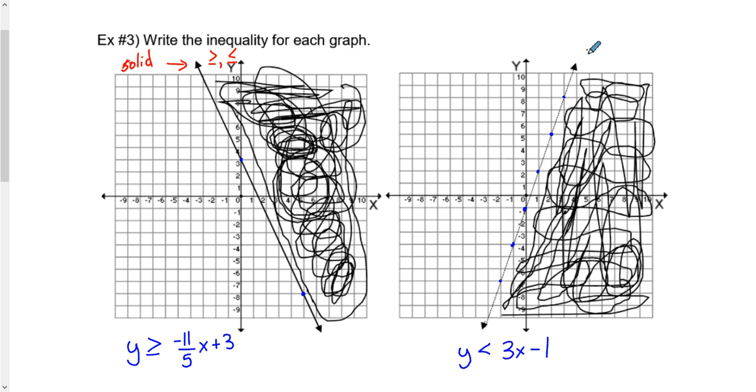A dashed line, like this one, some textbooks will use the phrase stippled, dash, stippled, all that kind of jazz, is going to use the greater than or the less than sign. Sorry. So if you see a dashed line, it's actually just going to be using the less than or the greater than signs. Just no equal to.